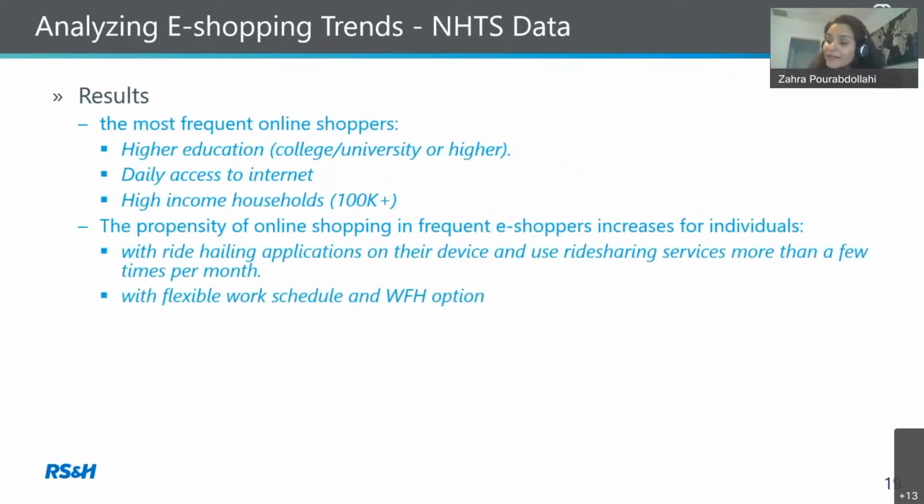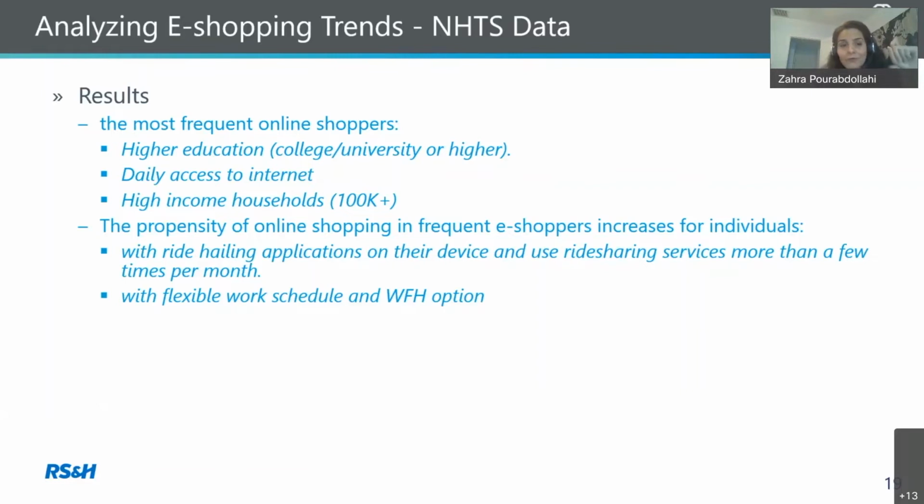On the other hand are the most frequent online shoppers. Who shops the most in America? The individuals with higher education, like college and university and higher, who have daily access to the internet and use the internet on a daily basis, and belong to households with higher incomes.